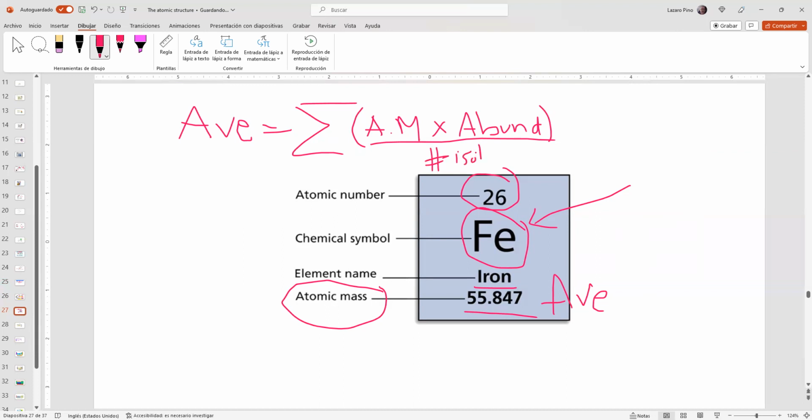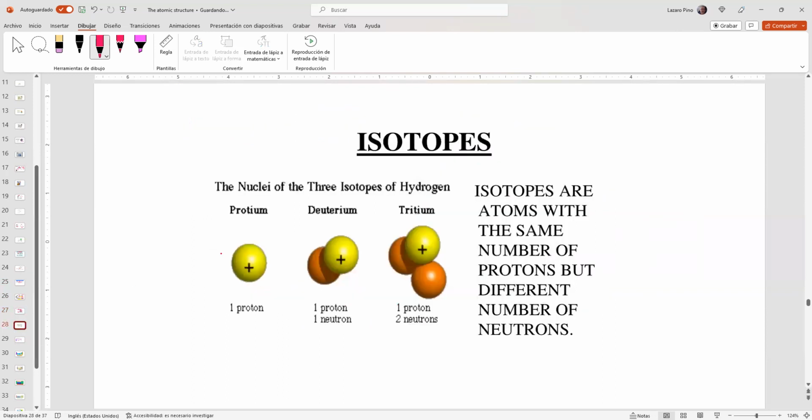That's why we represent in the periodic table an average. But when we are going to do an exercise, you have to use the specific atomic mass for the specific isotope that I am giving you. Very important, this concept. Well, isotopes, look at this.